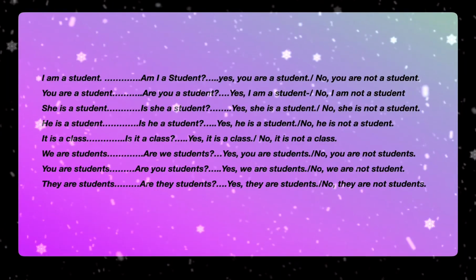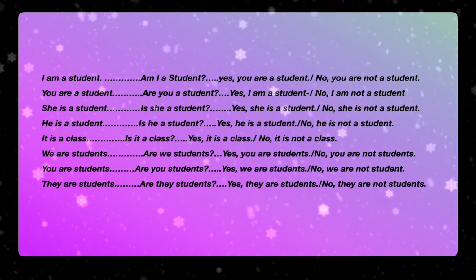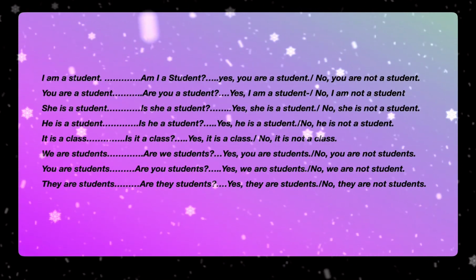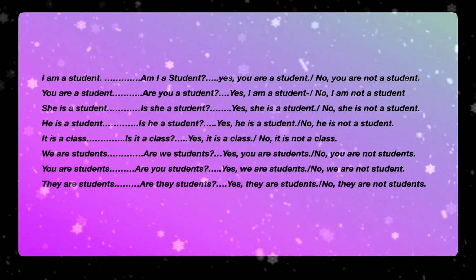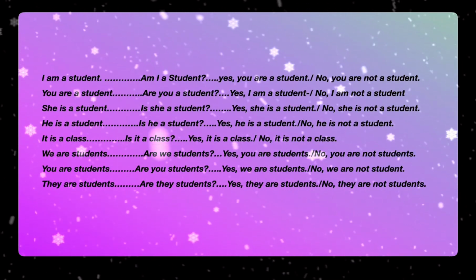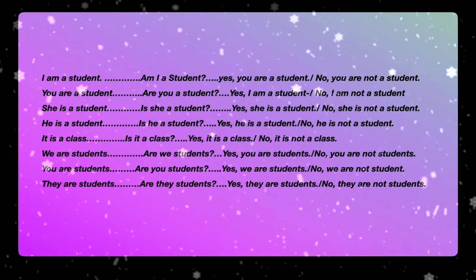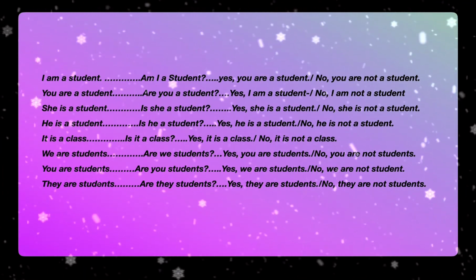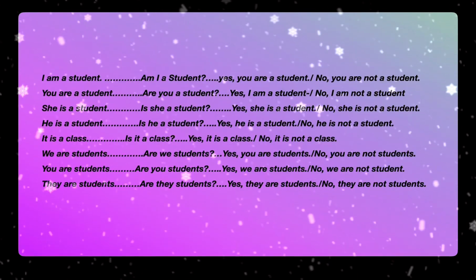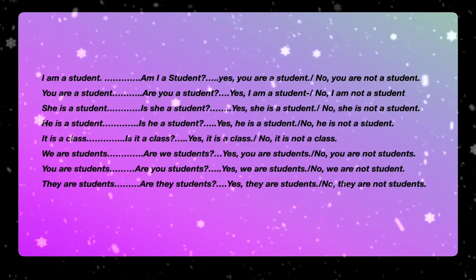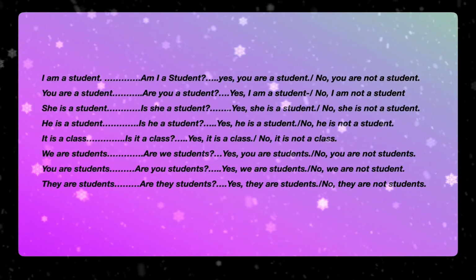To answer this question, because this question is a yes or no question, we need to answer with yes or no. If the answer is yes, if you agree, you say yes, you are a student. But if it's no, you say no, you are not a student.